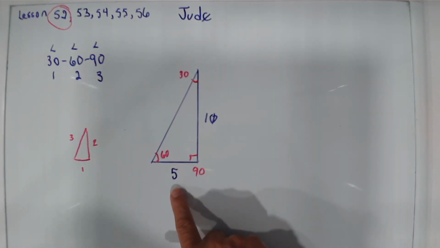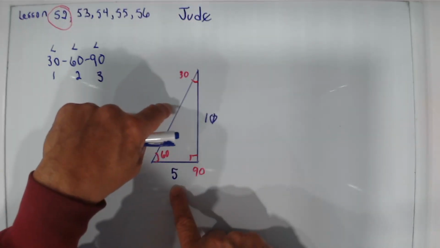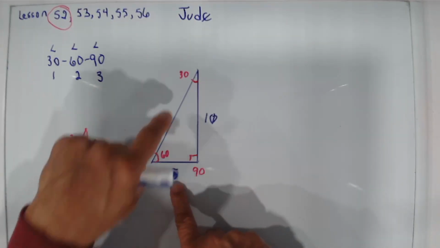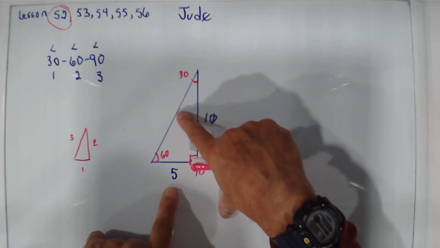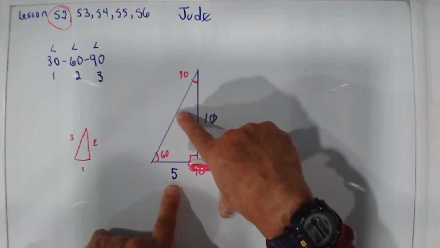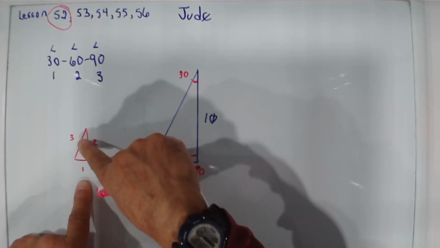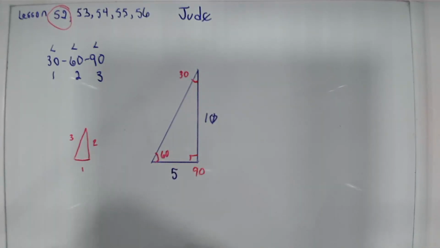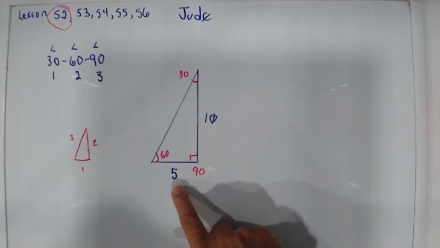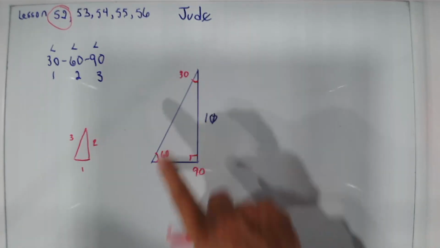Okay, now we're looking at the hypotenuse, which is going to be the longest side right here. And the proportion is going to be 3 times as big as the short side. So what would be the length of this side?